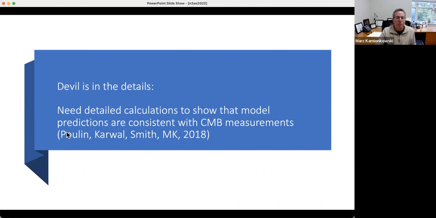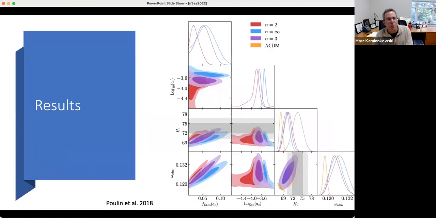So in later work with Vivian Poulin and Tristan Smith, we developed numerical codes to evolve the early dark energy and its effect on the evolution of density perturbations and their effects on the cosmic microwave background and galaxy distribution. And then we did a detailed Monte Carlo Markov chain analysis of CMB and galaxy survey data.